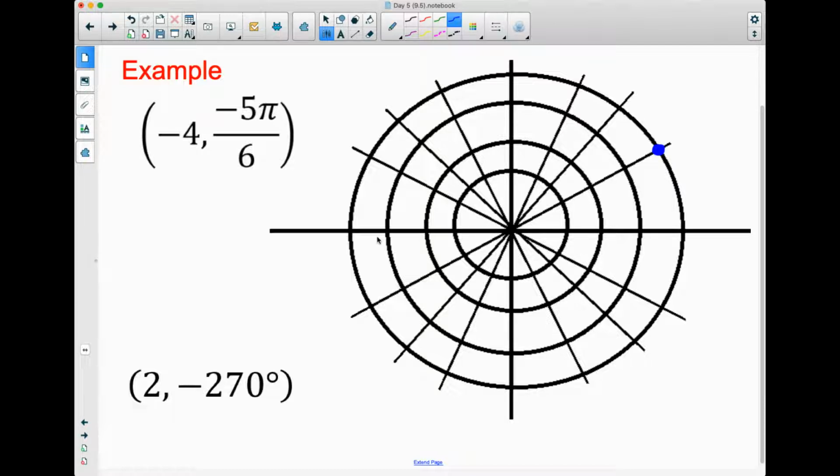So again, on your notes, it would basically be at pi over 6, and then we'd go 1, 2, 3, 4. But we went technically backwards 5 pi over 6. And instead of counting 1, 2, 3, 4 this way, since it was a negative radius, we went the other way. Okay. So go ahead and plot the point 2, -270.